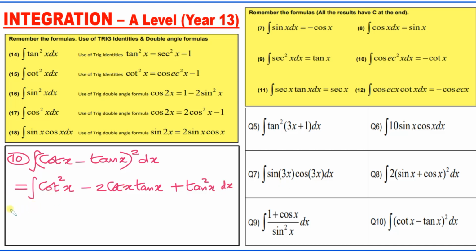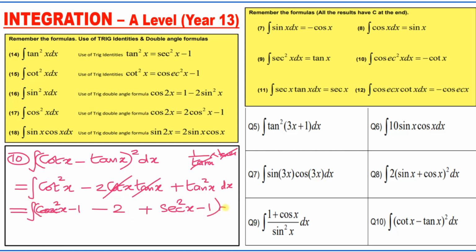So you can individually integrate. Cot squared x you can write as cosec squared x minus 1, minus 2. Cot x and tan x cancel. Why? Cot x is 1 over tan x, times tan x, the tan x cancel. Then plus tan squared x can be written as sec squared x minus 1 dx.